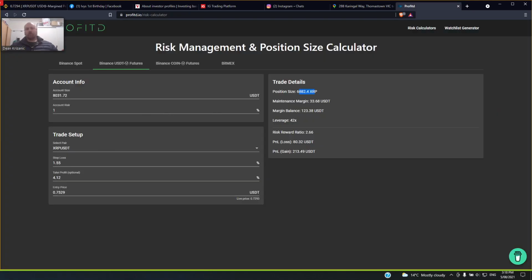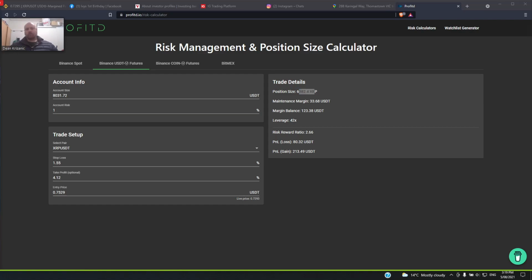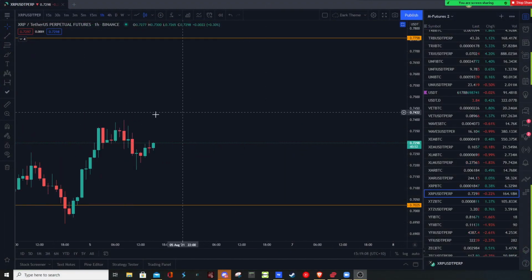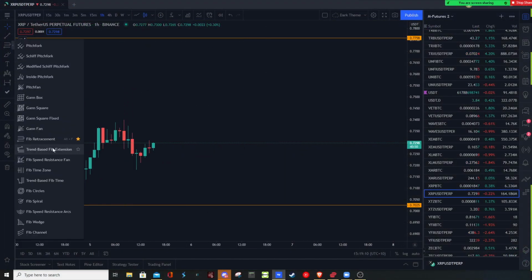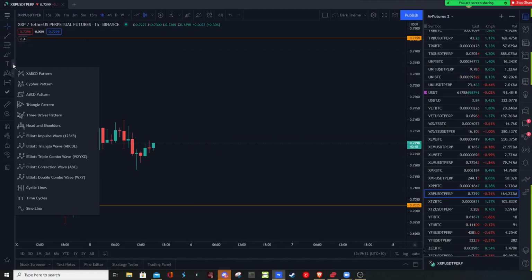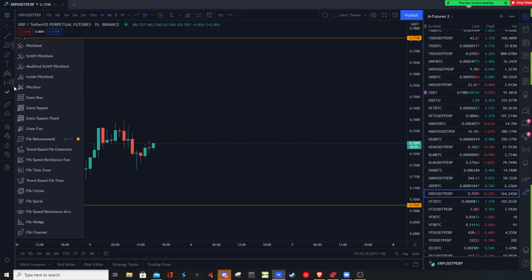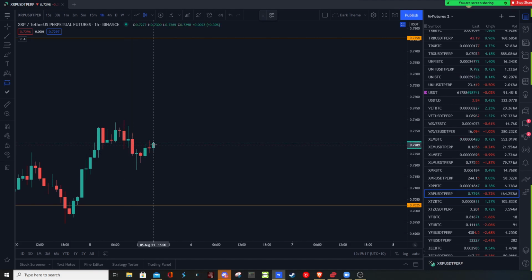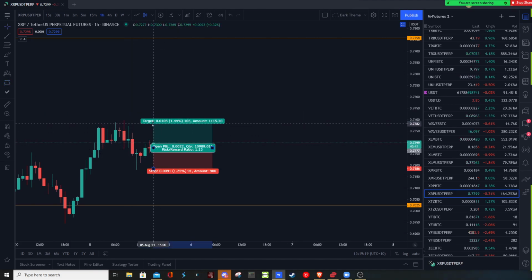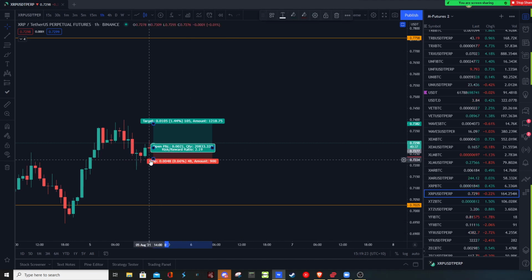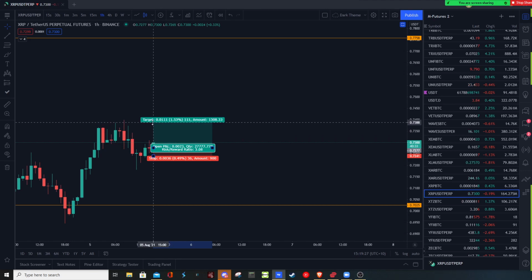So if I go over to XRP, long position. Little 0.5, go for 3.